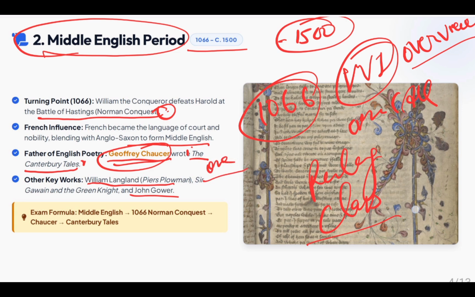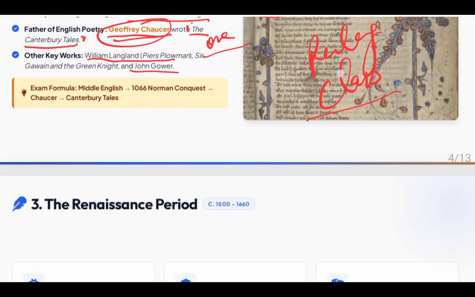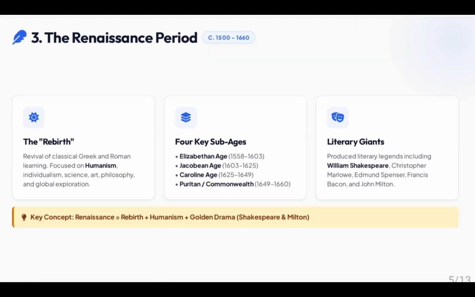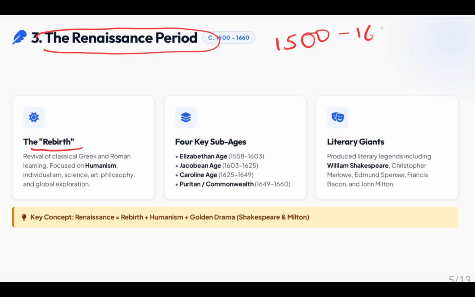Let's come to the next period, the Renaissance. What is the meaning of Renaissance? It is rebirth, revival. Rebirth of what?